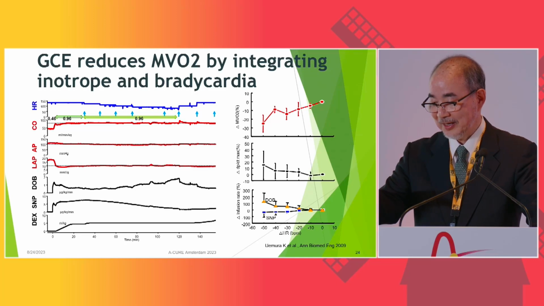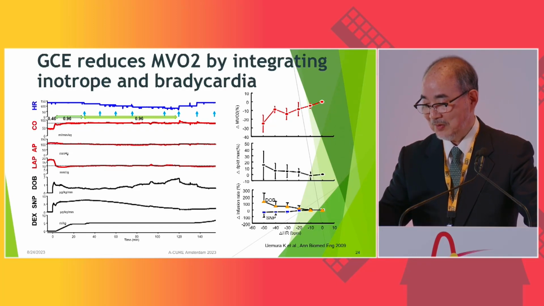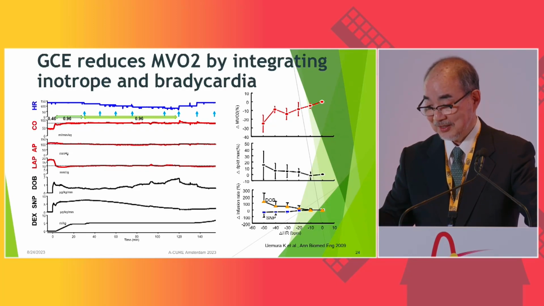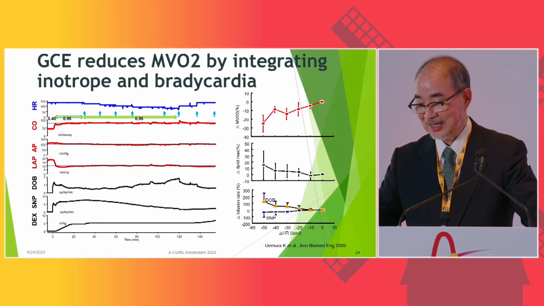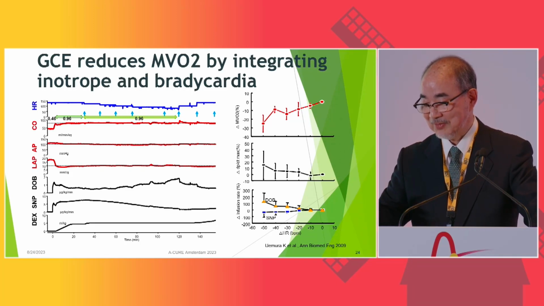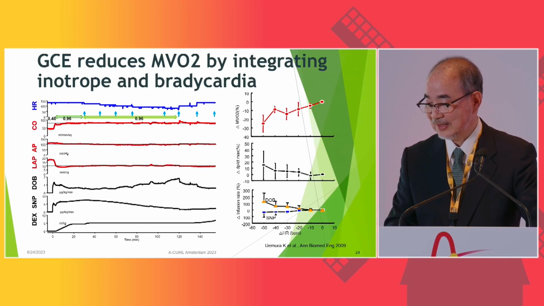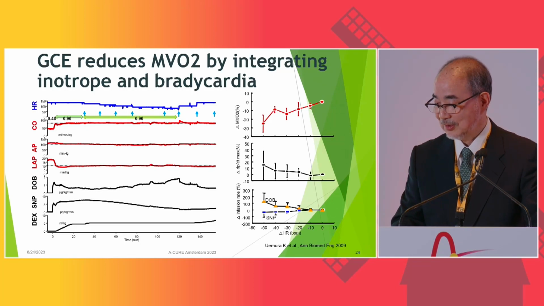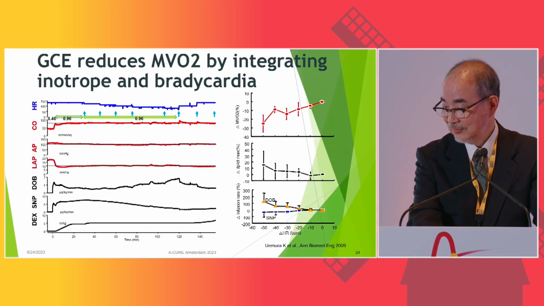If you look at the top panel, heart rate reduced, but those three hemodynamic parameters remain unchanged. The dobutamine is changing when we reduce heart rate, so it's counteracting the heart rate change and keeping hemodynamics constant. The right panel shows the difference in oxygen consumption.